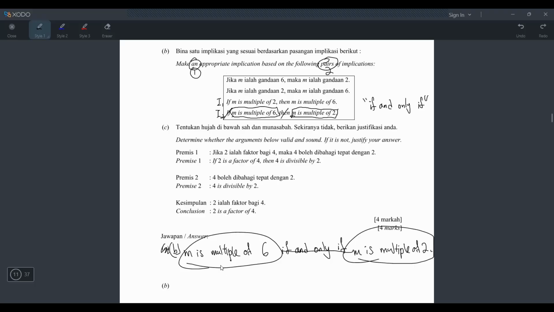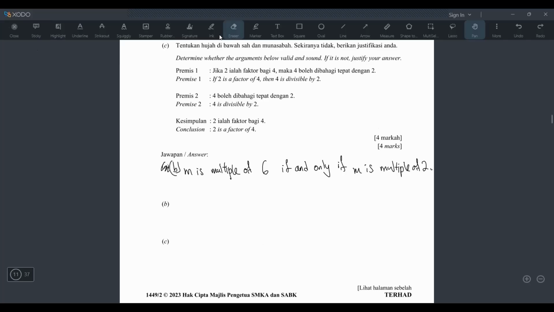The first implication will be if front, then back. Then the second implication, if back, then front. So you need to know that also. Sometimes they will give you one implication like that and ask you to write two, or sometimes they give you two and you combine into one. Okay, let's go to C.